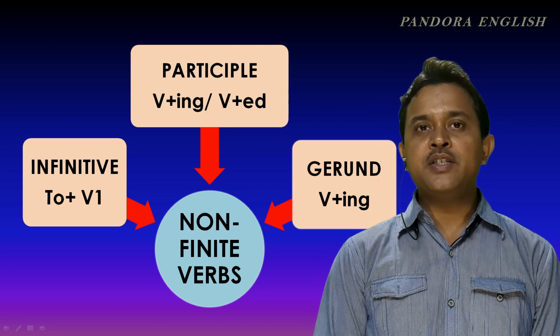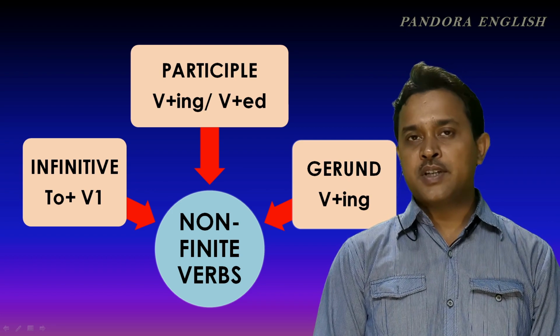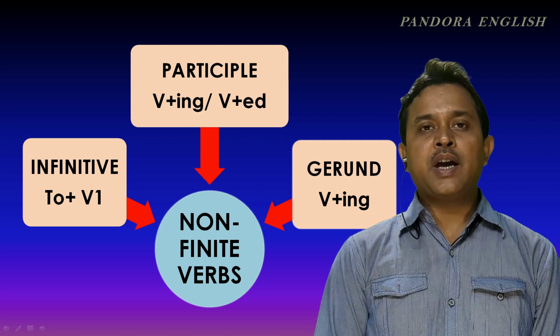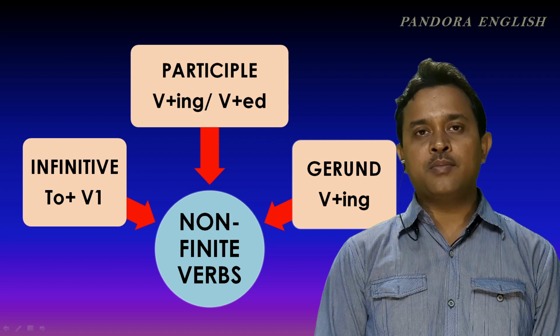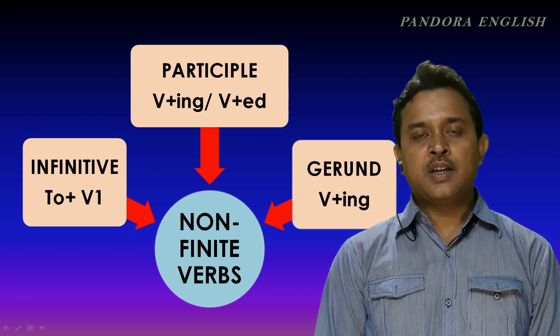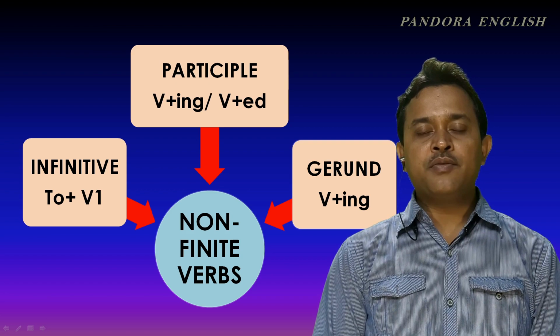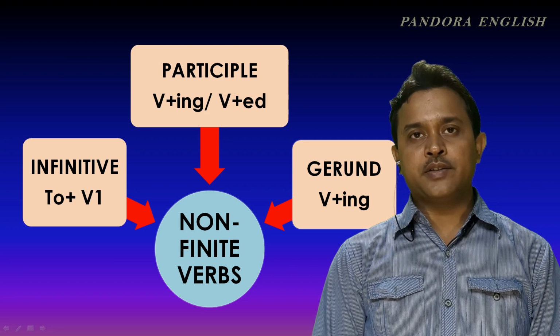If we add ing after any verb, then it becomes a present participle. If we add ed or d after the root form of the verb, then it becomes the past participle. And the ing form of the verb is also used as a gerund.